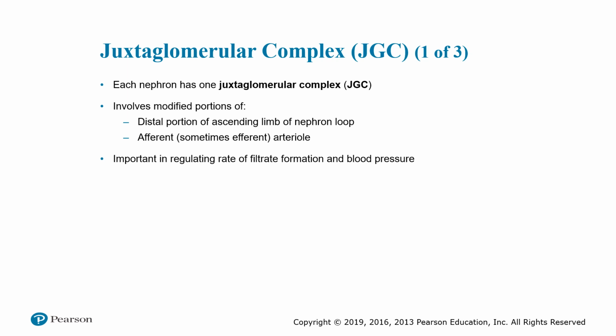There is a specialized complex present in each nephron. It is known as juxtaglomerular complex. Juxta means close to. And where is it present? It is present in the distal portion of the ascending limb of nephron loop.